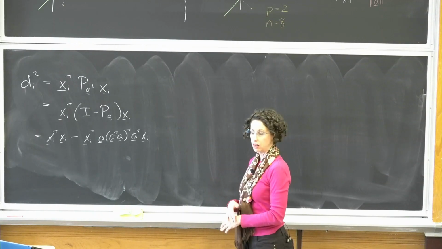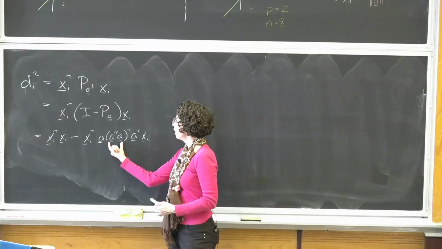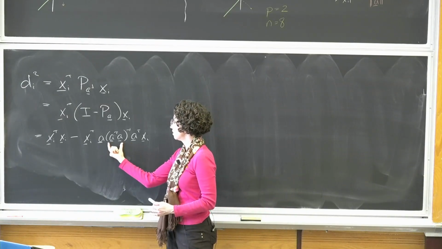Now in this case, A is a vector, so this A transpose A is simply a scalar.